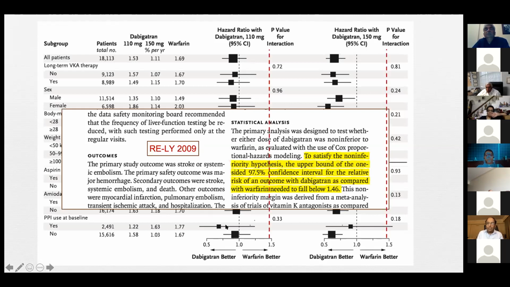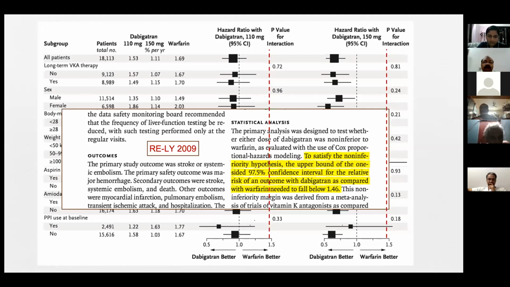So this is the line they drew, so far away from the line of no difference. If the upper bound had come within this line of 1.46, it would be considered non-inferior. So that was a very big, wide margin. Of course, it ended up being superior in the 150 milligram dose and non-inferior in the 110 milligram dose by a significant margin, but that's how the trial was designed.